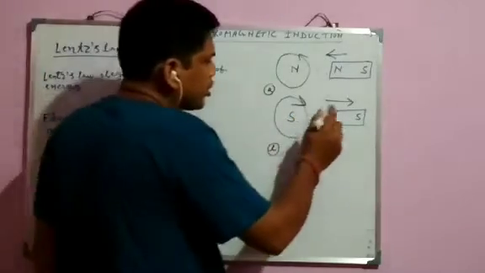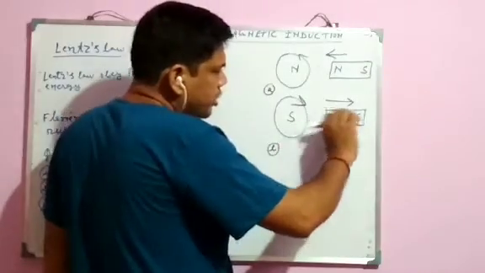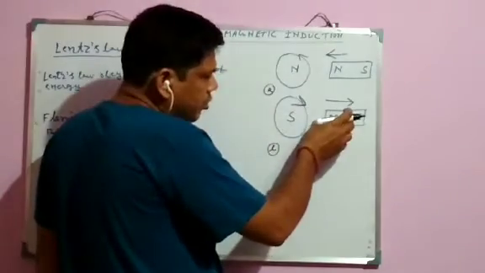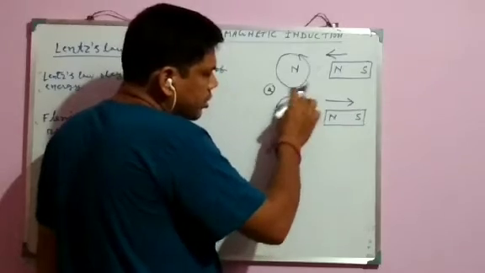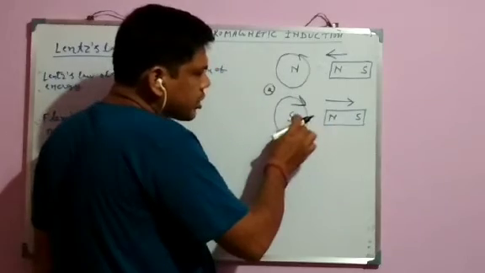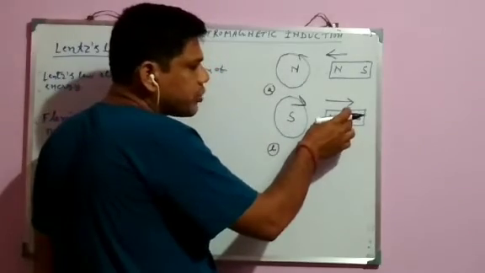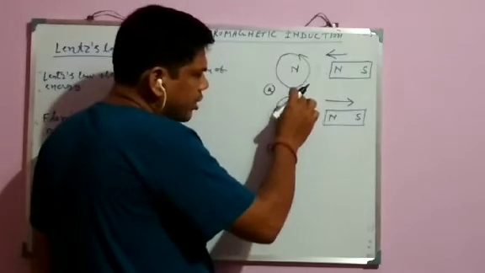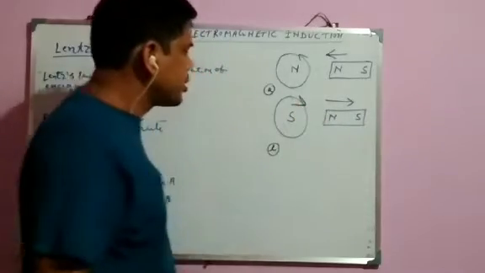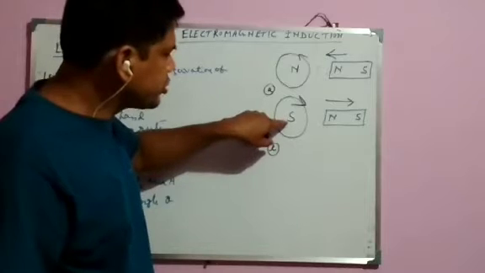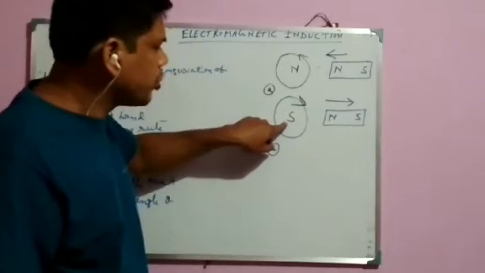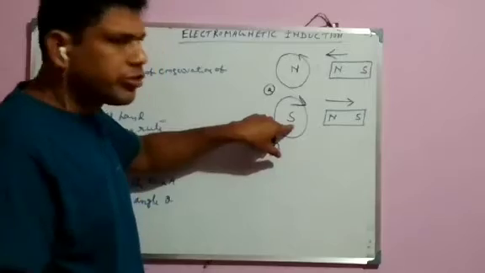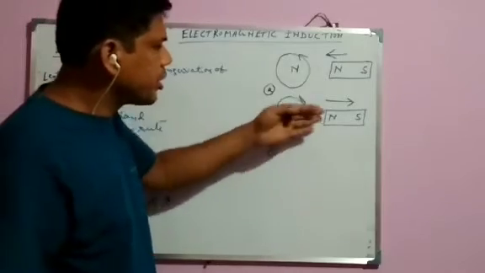So when the bar magnet is moving along this direction, the induced current opposes the movement of this bar magnet. As the current is clockwise, this front face acts as a south pole, and the south pole and north pole attract each other, so it opposes the movement of this bar magnet along this direction.